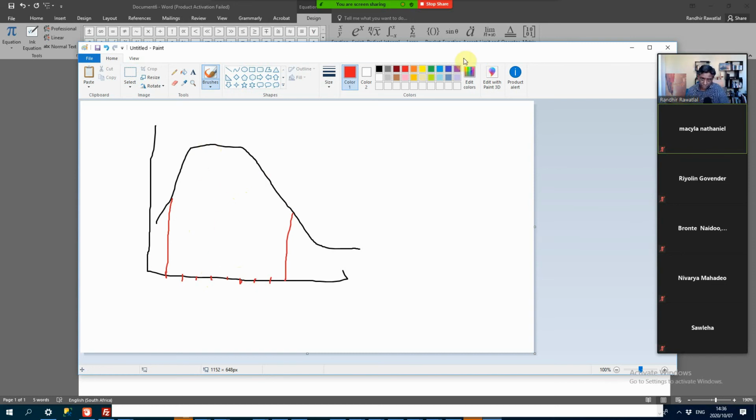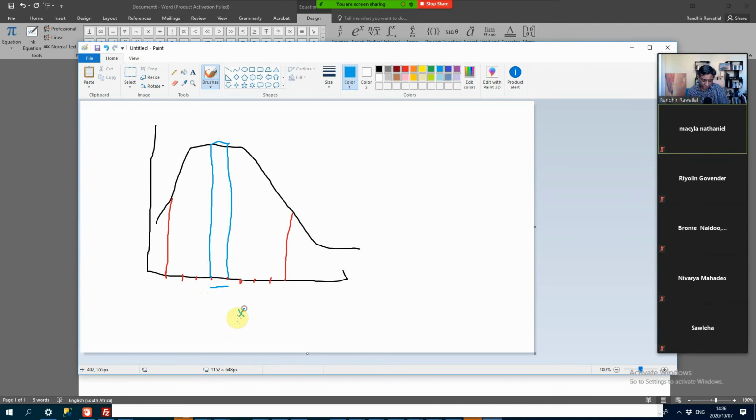So to do that, let's say it's this panel we wanted to estimate. Right, so you could say my estimate of the area here is simply the difference between these two values.